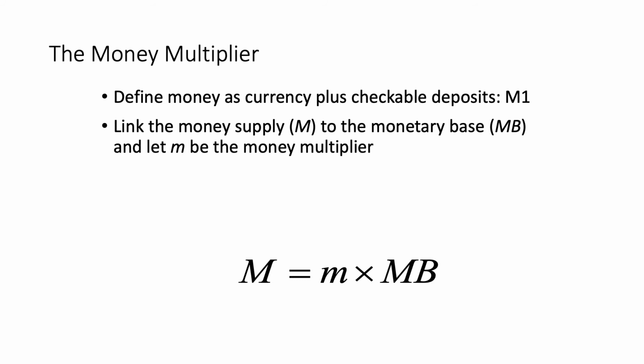So it's going to be narrow money. So think of M as M1, our narrow money, right? Currency, checkable deposits, traveler's checks, and so on and so forth, right? We're now able to link the money supply to the monetary base, which was the borrowed and non-borrowed reserves in the system, open market operations, and discount loan capabilities.